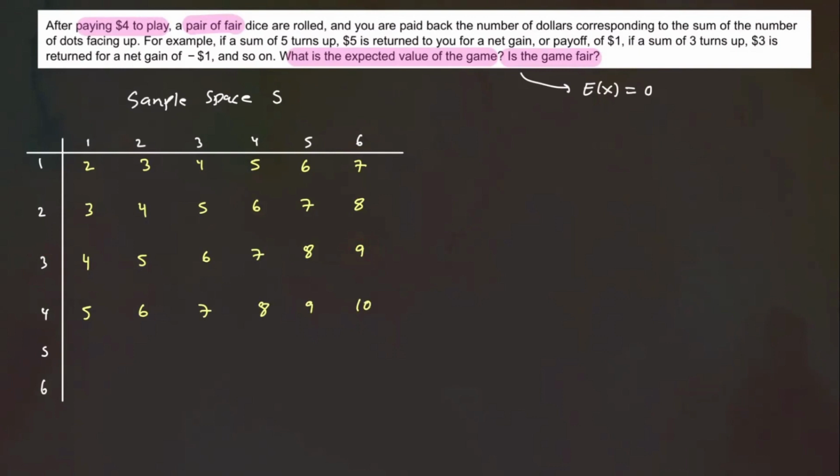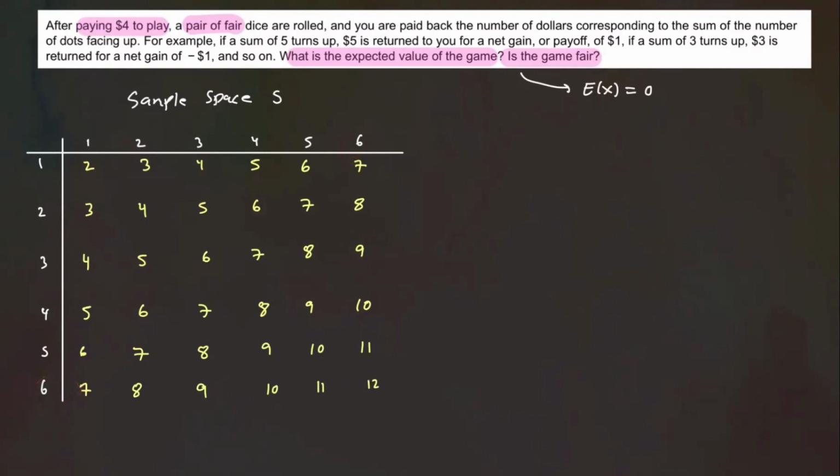Then here we could get a 6, 7, 8, 9, 10, or 11. And let's fill in the last row. The sum could be a 7, 8, 9, 10, 11, or 12. Again, you're getting the 12 by getting 6 on one die and 6 on the other die. The sum is a 12.